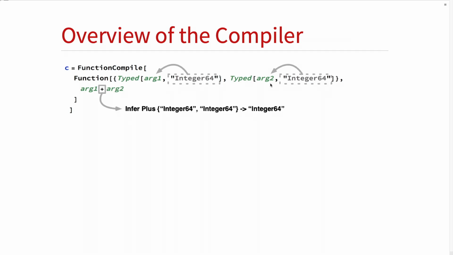I wrap everything with the function compile, and underneath the hood, there's some machinery that tells the compiler that this plus is going to be an int64 to int64.